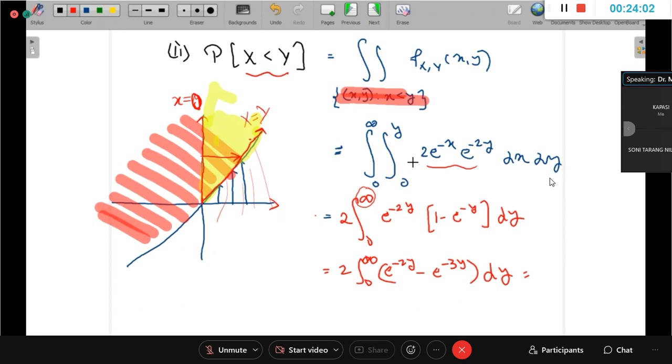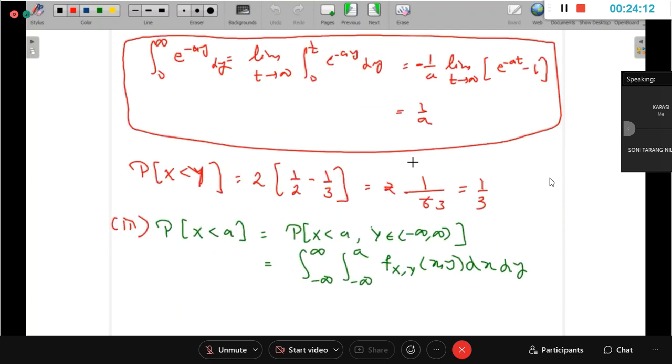If you have any issue, you can talk. Okay, fine. So this is the final answer: the probability of x less than y is 1/3.